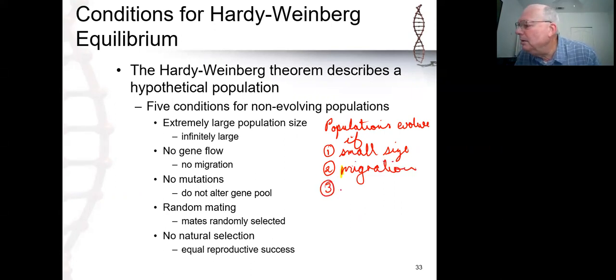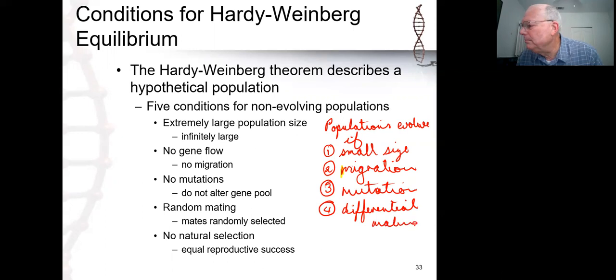Number 3, if there's mutation, which there always is. Number 4, differential mating. Not everyone gets the same mating opportunity. And number 5 is differential survival.